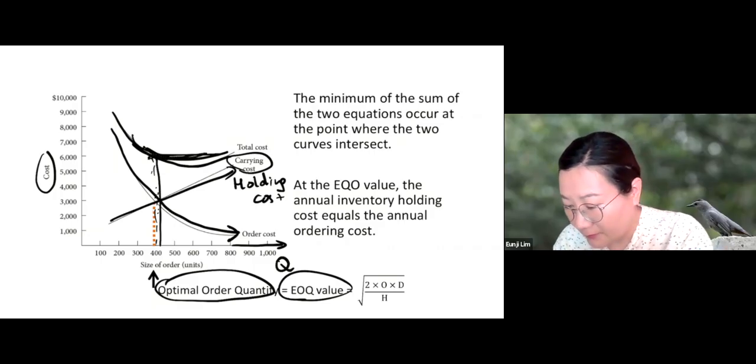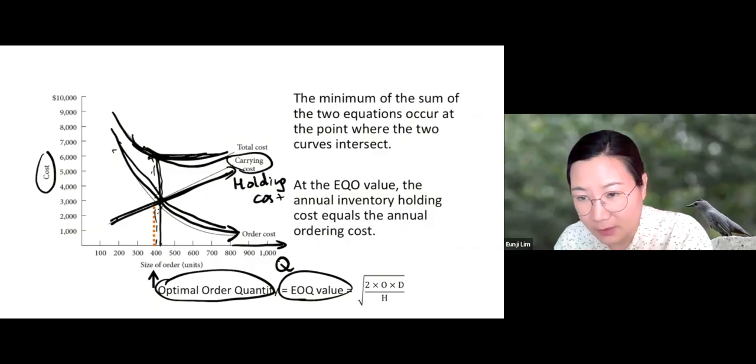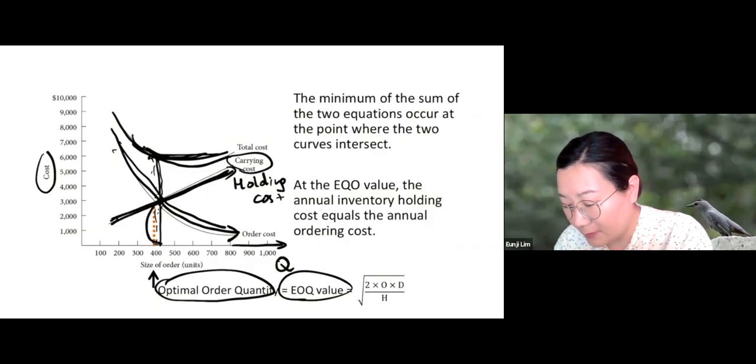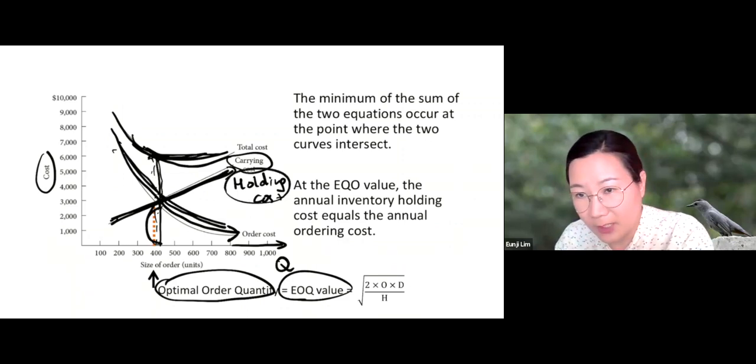The minimum of this curve occurs when the two curves intersect with each other. At the optimal order quantity, the y value of this curve is the same as the y value of this curve. In other words, the holding cost at the optimal order quantity is the same as the ordering cost at the optimal order quantity.